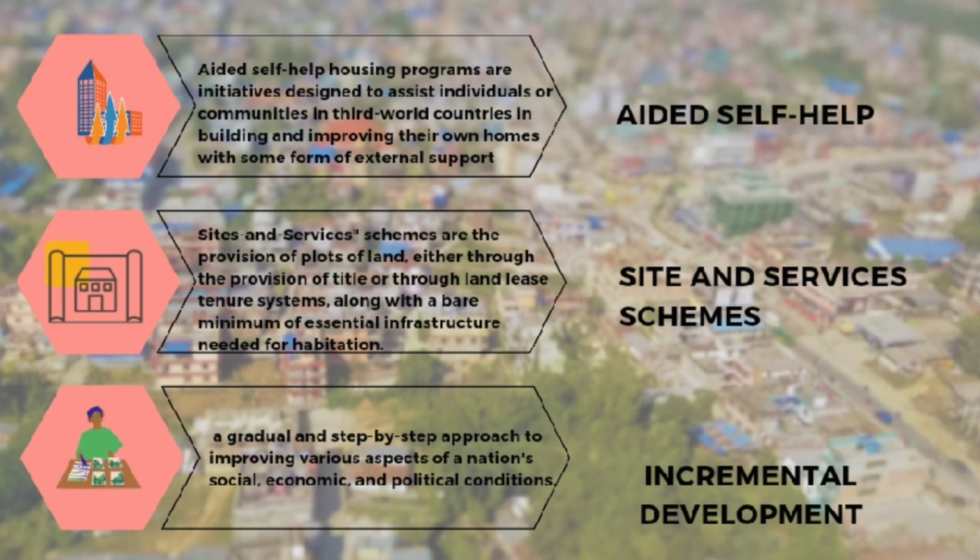Example, sa Pilipinas pa rin ito, sa Manila, the Community Mortgage Program, the CMP. It was established to address the issues of informal settlements and provide security of land tenure to residents of these settlements. So, by the help of CMP, informal settlers can apply for a loan from the NHA, National Housing Authority, to purchase the land they are occupying.